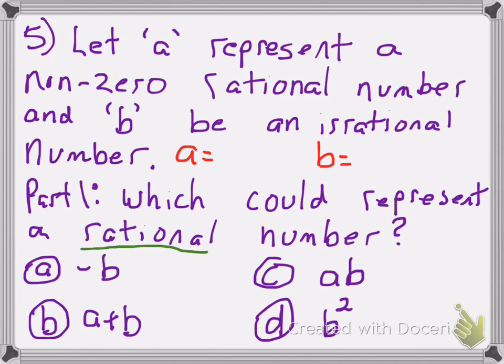If A is a non-zero, so you can't use 0, rational number, I'm going to start off with the first number I can count. 1. Let A be 1. If you can count it, it's rational. Now, irrational is one of those decimals that never repeats and never stops.